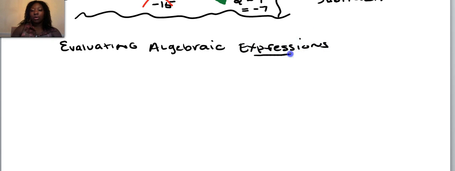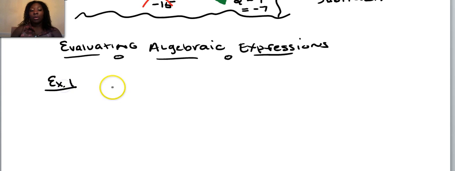What does it mean to evaluate? When you have an evaluation problem, you will usually have a variable and they will tell you what the variable is. What they mean by evaluate is they want you to plug in the variable to figure out an answer.